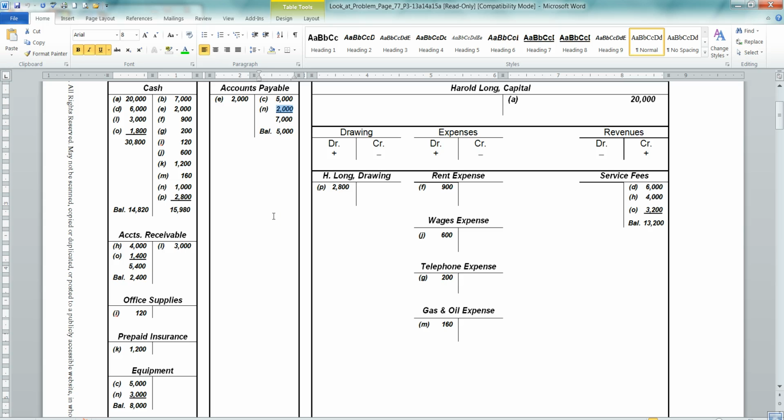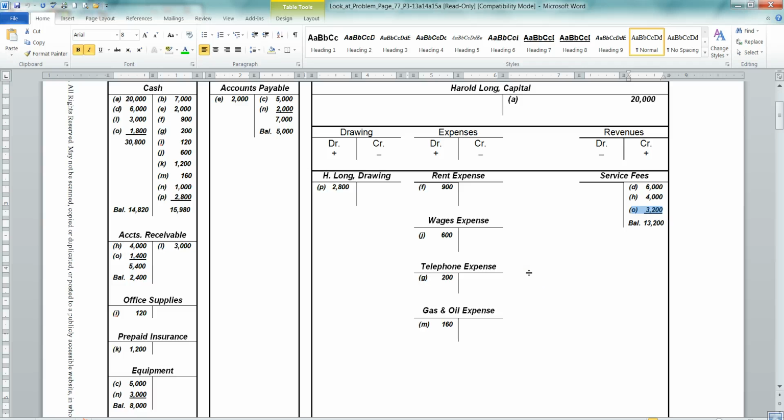Earn service fees for the remainder of the month of $3,200, $1,800 in cash, and $1,400 in receivables. So we've received cash of $1,800, $1,400 is receivable, and the total is a service fee and a credit.